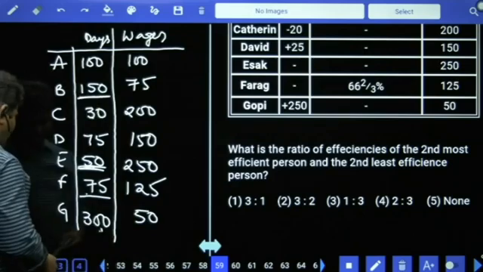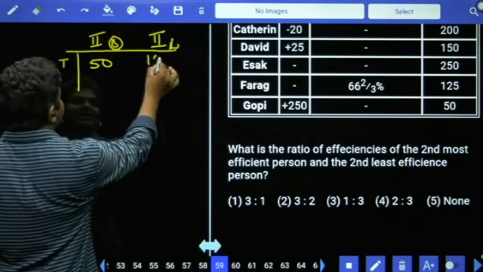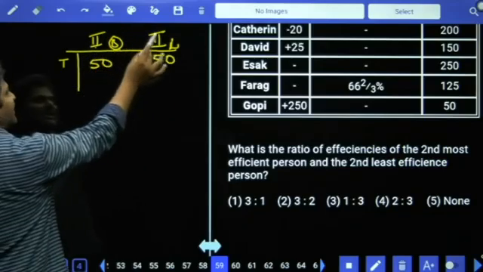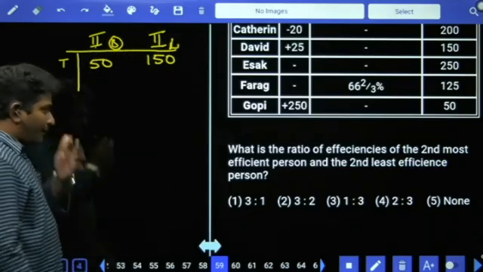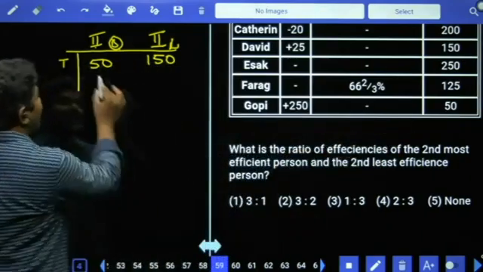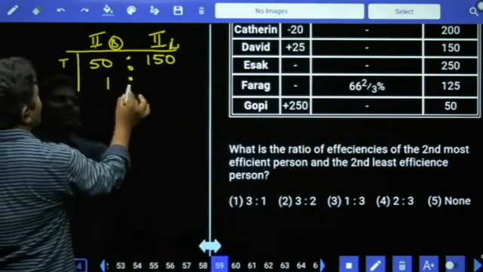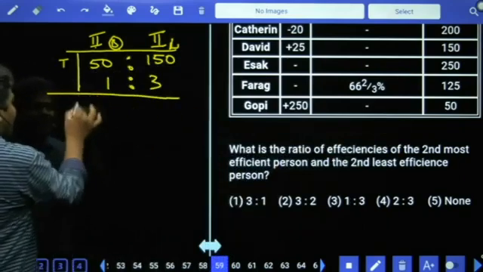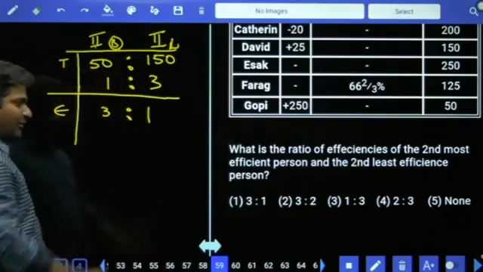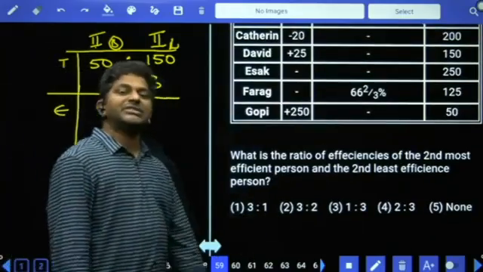That is 150. So these are the times taken by the second best person and second least person. But we were asked for the ratio of efficiencies. If the time ratio is 1 is to 3, then the efficiency ratio is the inverse, that is 3 is to 1, which is the first option.